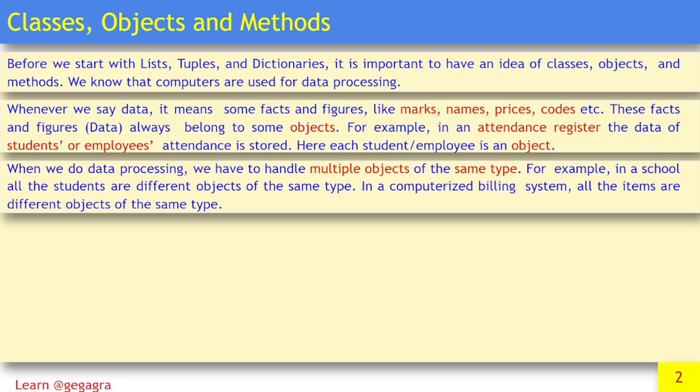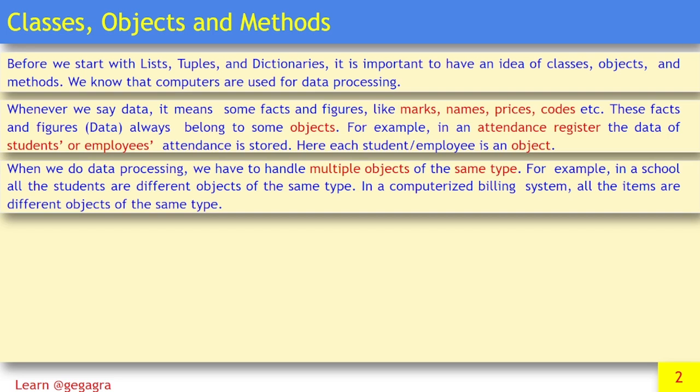When you do data processing, we have to handle multiple objects of the same kind. For example, in a school, all the students are different objects of the same class or same type. In a computerized billing system, all the items are different objects of the same type.